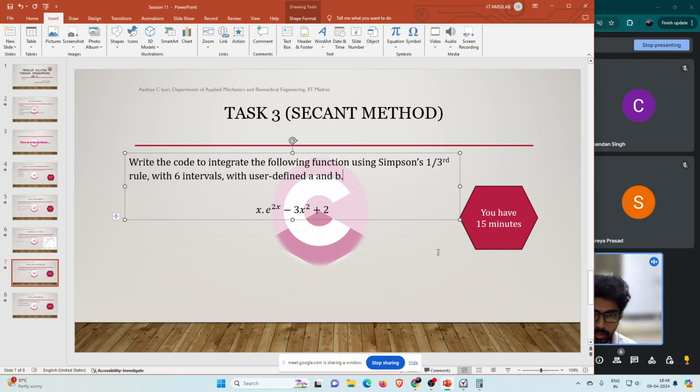Right, so bounds will be user defined. This is the function. We used the same function last time for something else, so I didn't change it. And once you do that, we'll also compare the result by integrating it ourselves.